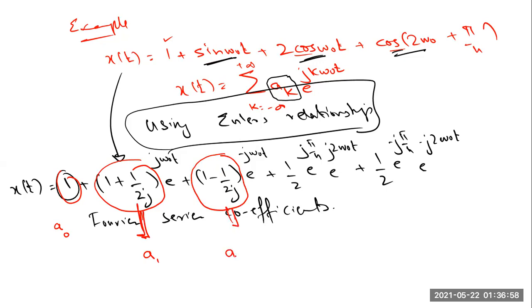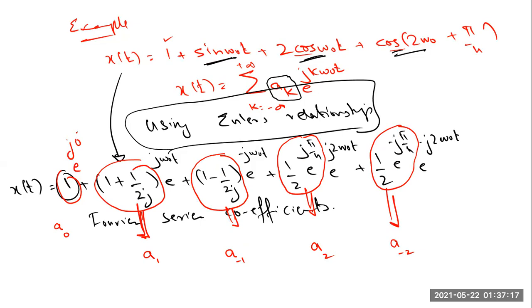This one is A minus 1. This is A2. And this is A minus 2. You can see that this is e to the power j0, so this is a constant frequency component, the DC component. Over here you have e to the power j1, so this is A1. You have minus 1, A minus 1. You have 2 omega naught, so this is the second harmonic component. And then you have minus 2, which means A minus 2.